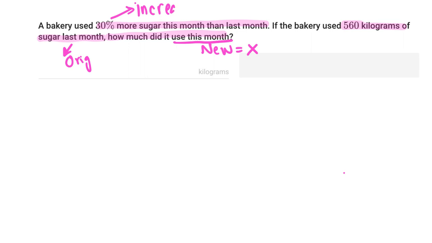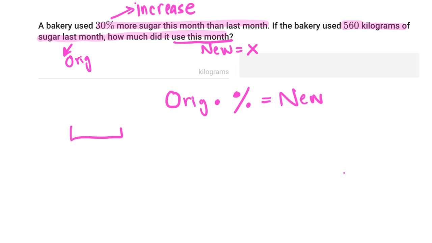It is an increase. So once again, the formula is the original times the percent equals our new. So we have to look at what we are increasing by. So we started at 100%, but then we are increasing by 30%.